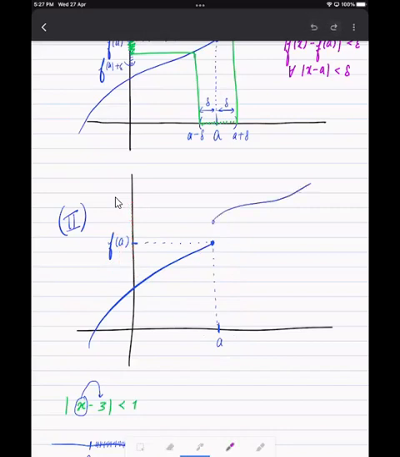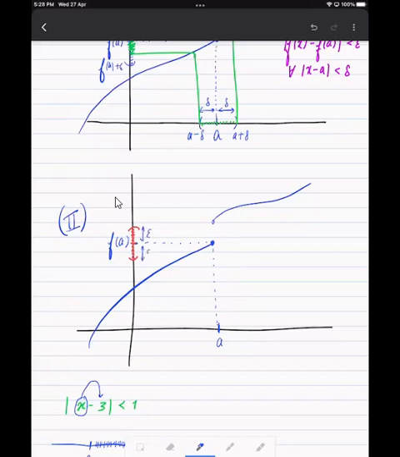I can make any epsilon. Take this epsilon. Now you cannot tell me any delta you like; whatever delta you choose, howsoever small, it would not be within this epsilon neighborhood.